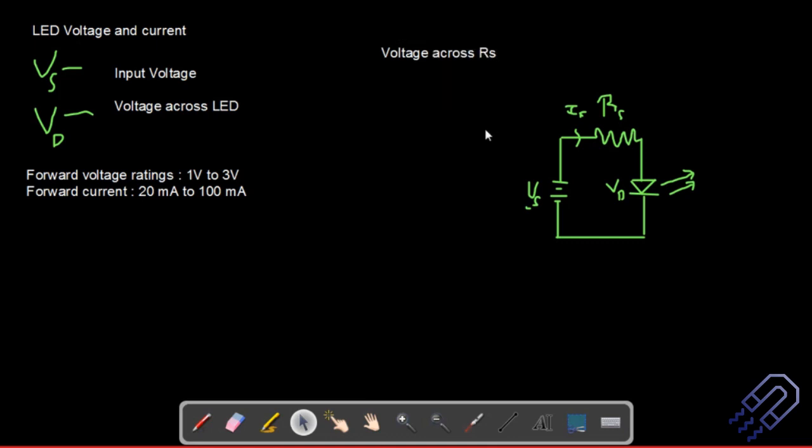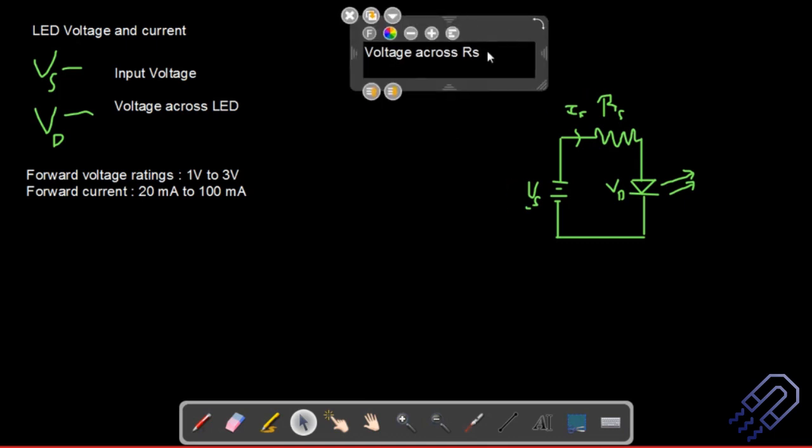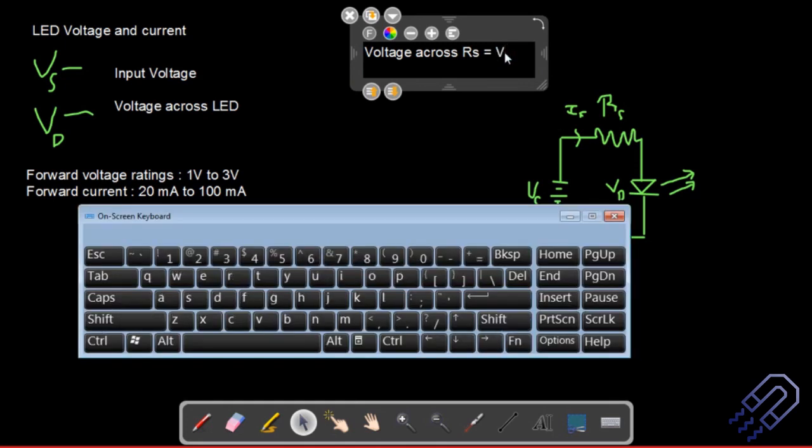I'm considering the voltage across this part. The voltage across this part would be nothing but the voltage of the battery minus the voltage drop across the diode. So we can just take it to be Vs minus Vd. This is the voltage across the diode.